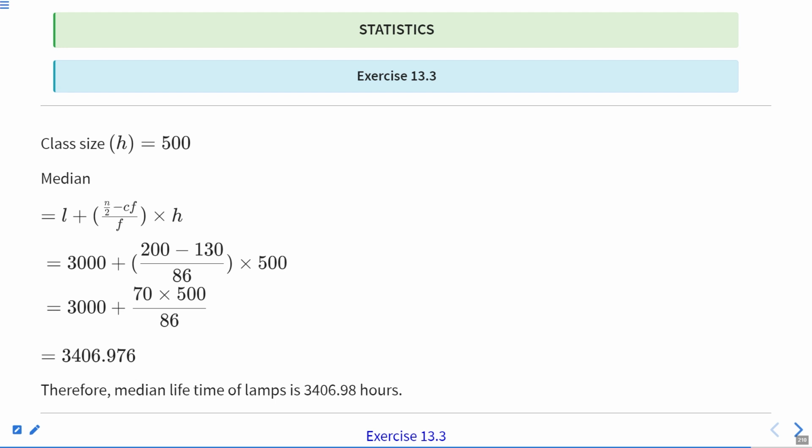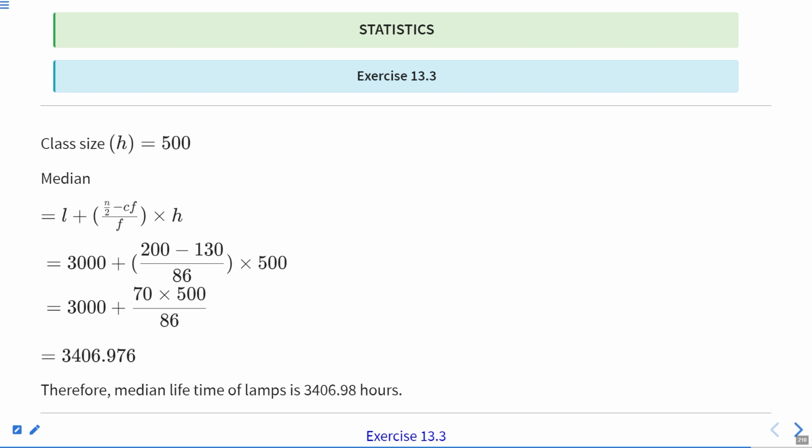Okay, so now if we substitute these values in this formula, then we will get median is equal to 3000 plus (200 minus 130) divided by 86 times 500, and this is equal to 3000 plus 70 into 500 divided by 86, and this is equal to 3406.976.